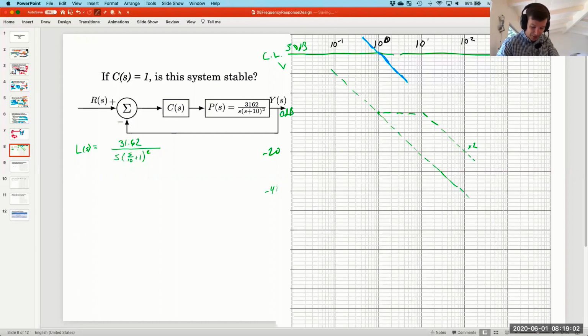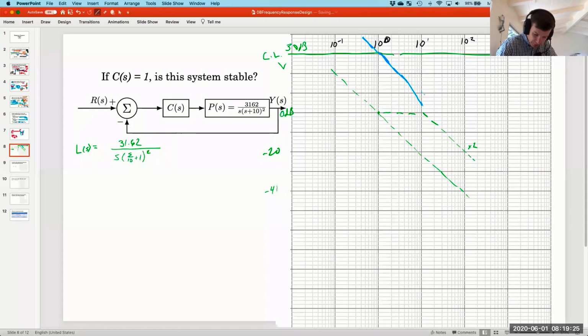That's how I made that jump. And then at 10 radians per second, each of the poles is going to be pulling down by 3 dBs. So if we should have been going through this point, which is 10 dBs up, we'll actually be going through this point, which is 4 dBs up. So we're going to start to round this off.